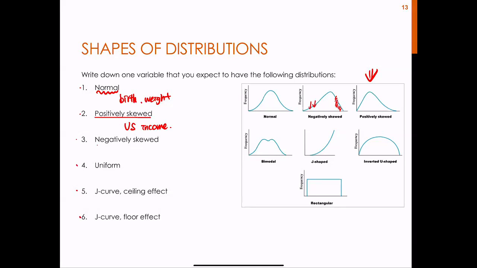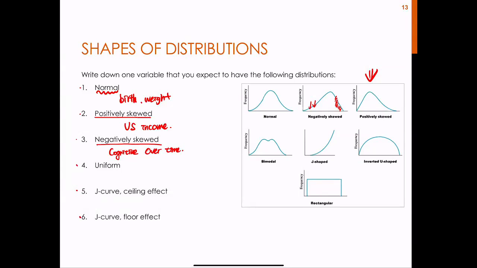And what about the negatively skewed distribution? Maybe our cognitive ability over time. Yeah, I usually feel that my ability to memorize something is decreasing now. So different kinds of cognitive ability over time is a really good example for the negatively skewed distribution.